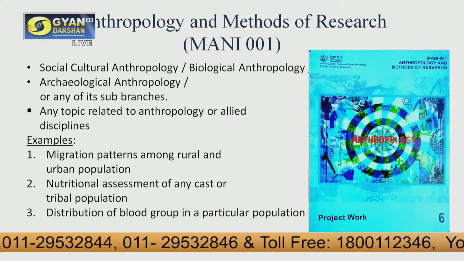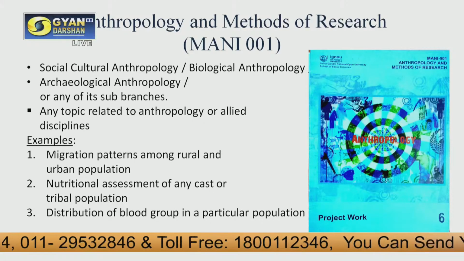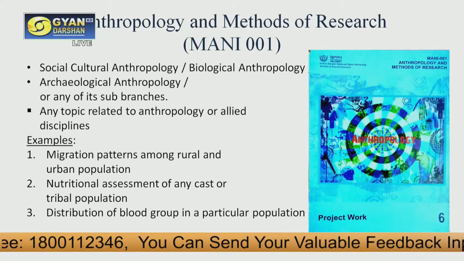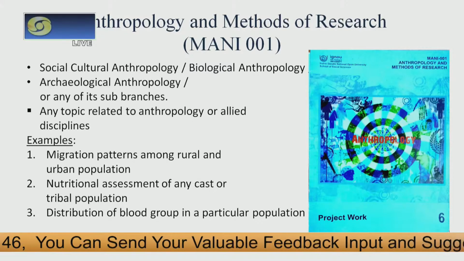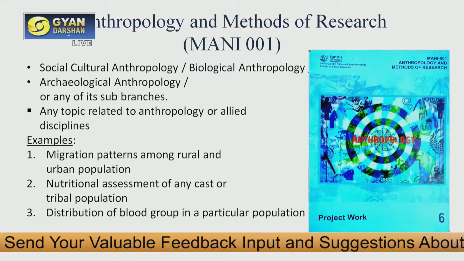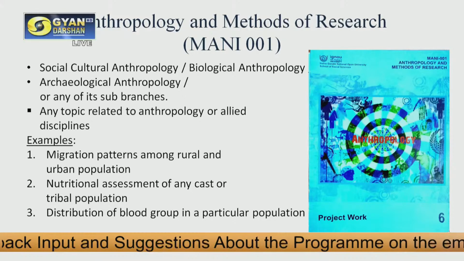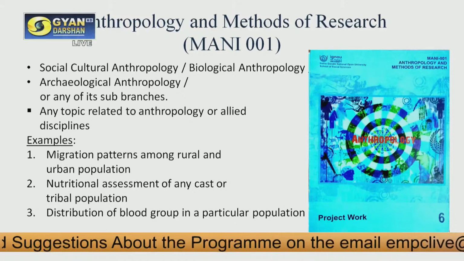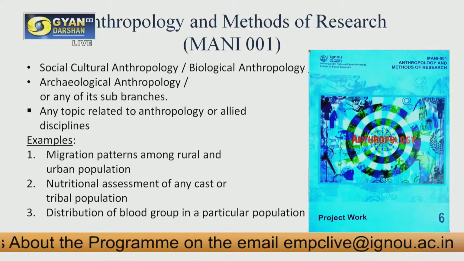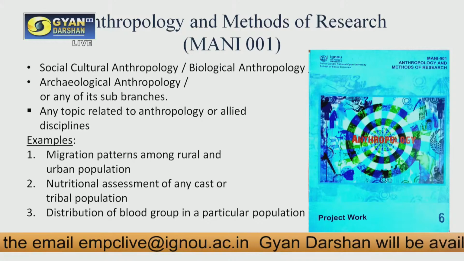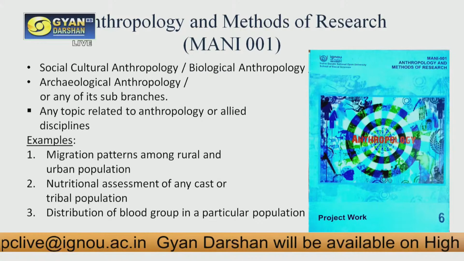Then the next example is nutrition assessment of any caste or tribal population. You can select a caste population or tribal population or a mixed population. You can study their nutrition assessment. Nutrition assessment in the sense you can collect anthropometric measurements or biochemical parameters. With the help of any of these, you can assess the nutrition of the population.